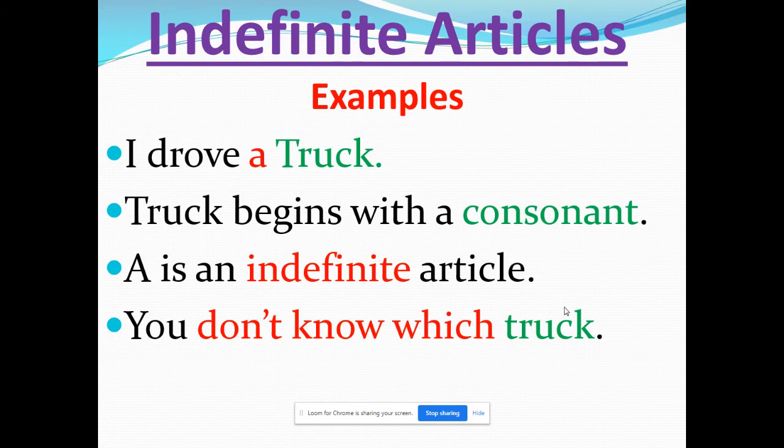In that case it would be I drove the truck. But in this case, we're talking about an indefinite article, and the correct pronunciation will be I drove a truck. Truck begins with a consonant. So a is an indefinite article. You don't know which truck, but we know we're talking about a truck. Okay.